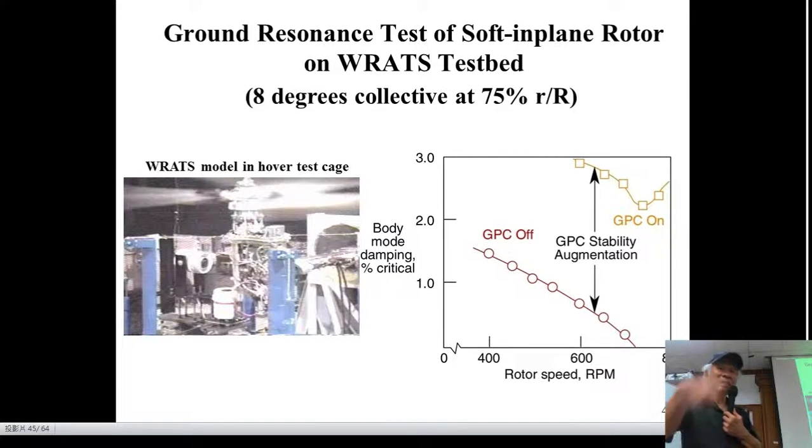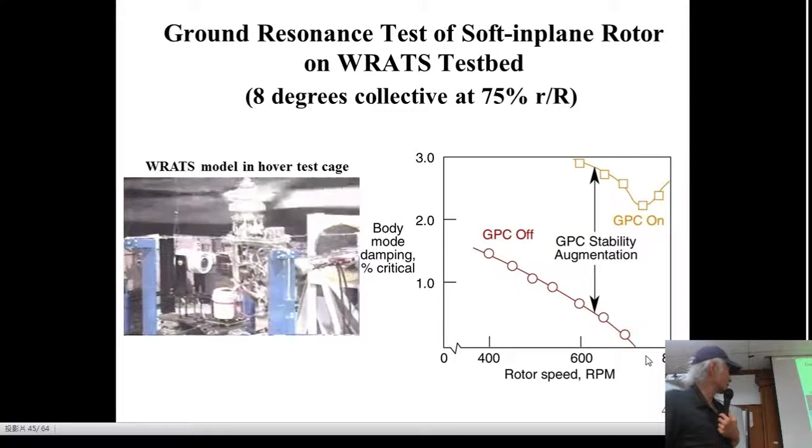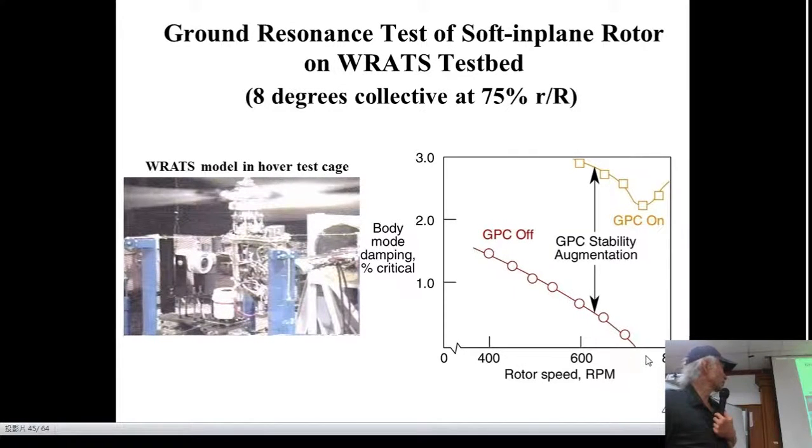That means it can break. That's why you can see the vibration of this. That means the damping ratio is going down up to 750. Then that damping ratio is at 0, and if you don't turn it off, then it's gone.